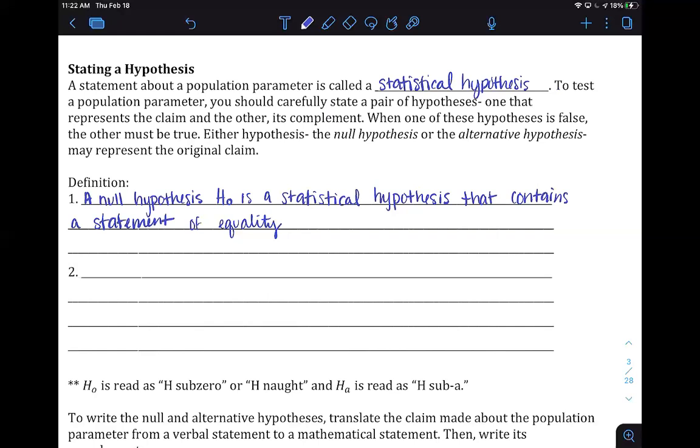Such as an equal sign, less than or equal to, or greater than or equal to.